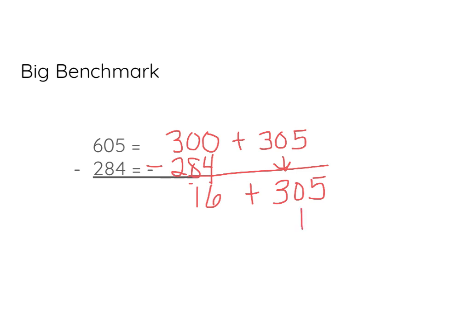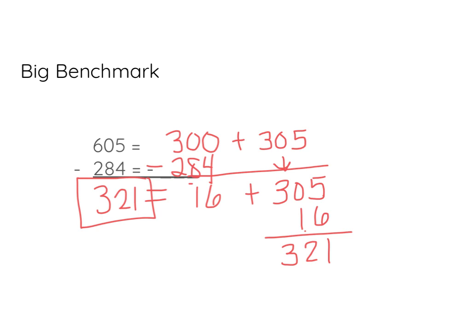Again, I would write that over here so you can add better. I have a 300. Oh, look, I have a 10 there, but that actually makes another 10. So 16 plus 5 is 21. So 321. Great job, kids.